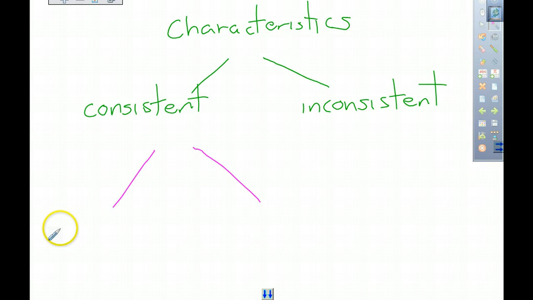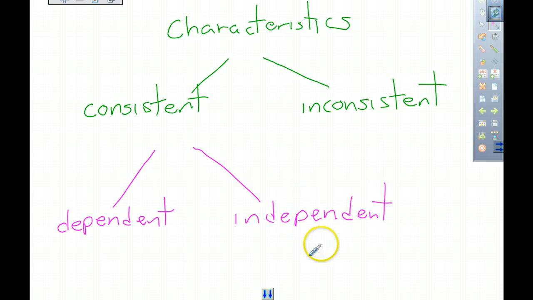One is dependent, and the other is independent. So inconsistent was what? Yeah. Inconsistent was the no solution. What did the graph look like again? Parallel. Parallel lines.